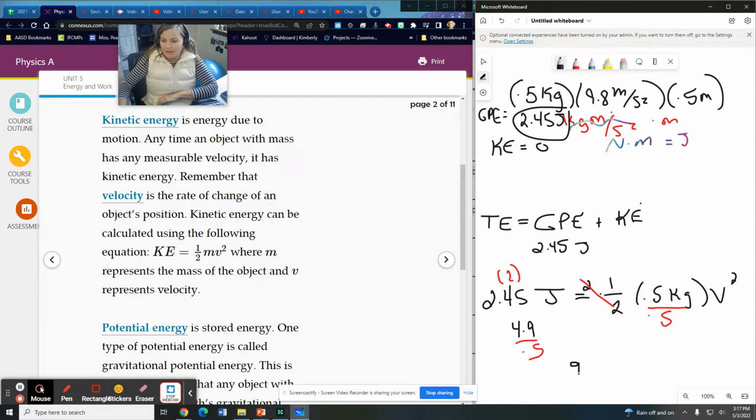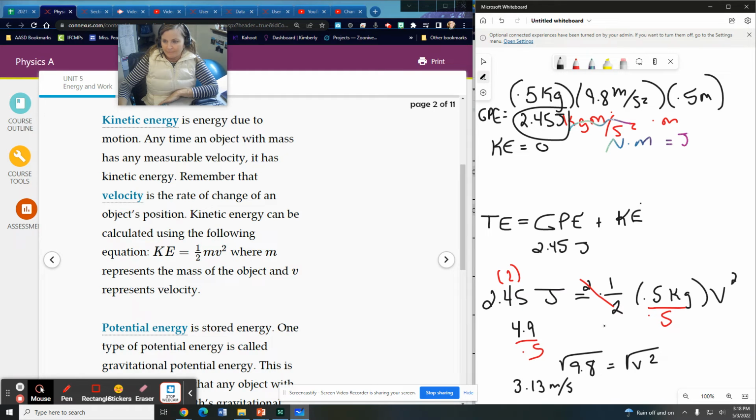So I end up with 9.8, and it's joules divided by kilograms, which at this point we're going to ignore units for now, equals v squared. And then I got to get rid of that square, so I'm going to take the square root of both sides. The square root of 9.8 is 3.13. So it tells us that it's going 3.13 meters per second when it hits my hand.